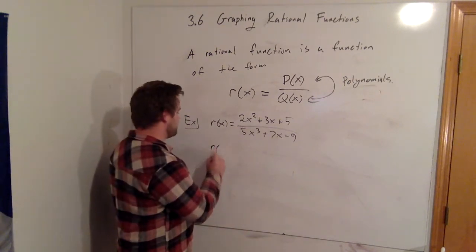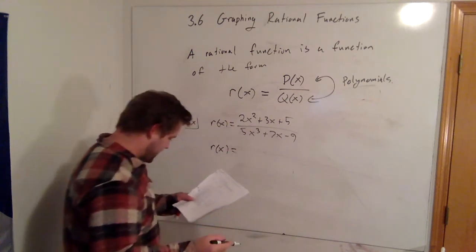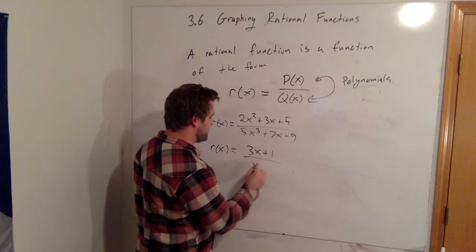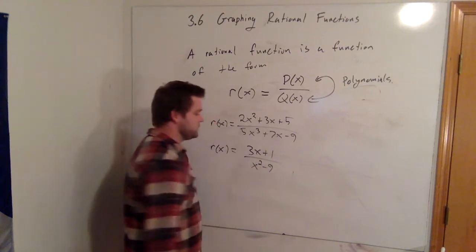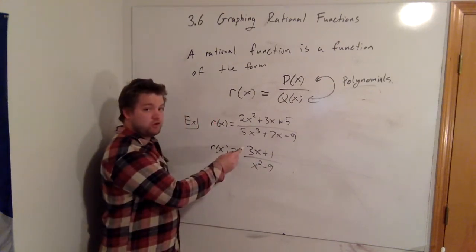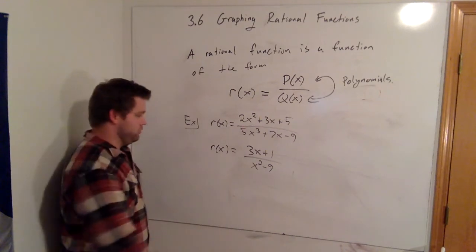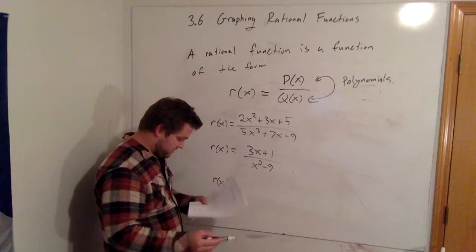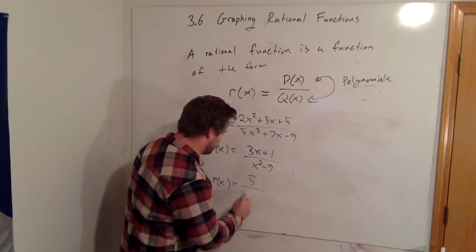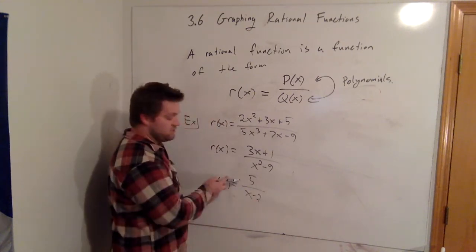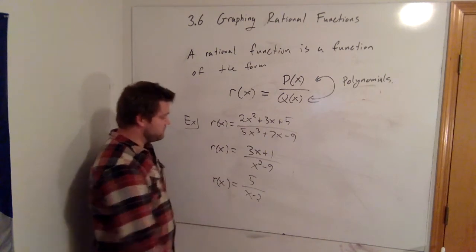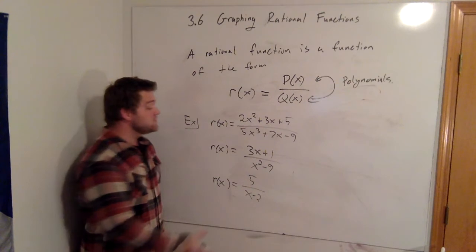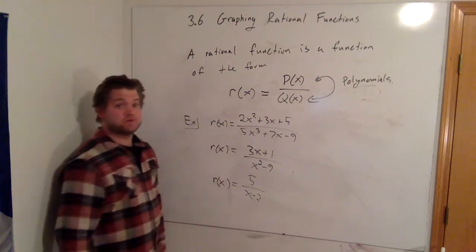As another example, we could have 3x plus 1 all over x squared minus 9. Here we have a first degree polynomial divided by a second degree polynomial. Maybe one more example: 5 over x minus 2. Here we have a 0th degree polynomial divided by a 1st degree polynomial. These are all examples of rational functions, and things that we want to be able to graph.